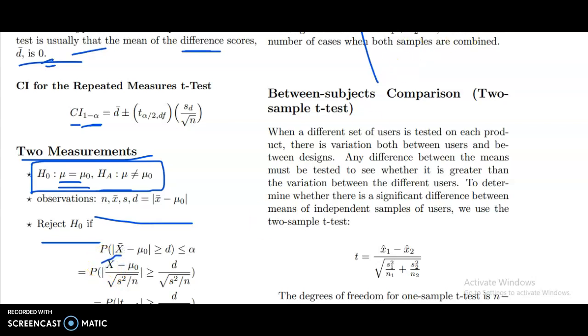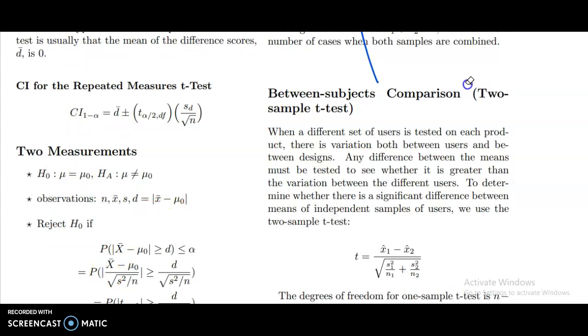The value of x bar minus mu naught must be positive, equal to d or greater than d, and the probability of this, in total, must be less than or equal to alpha.